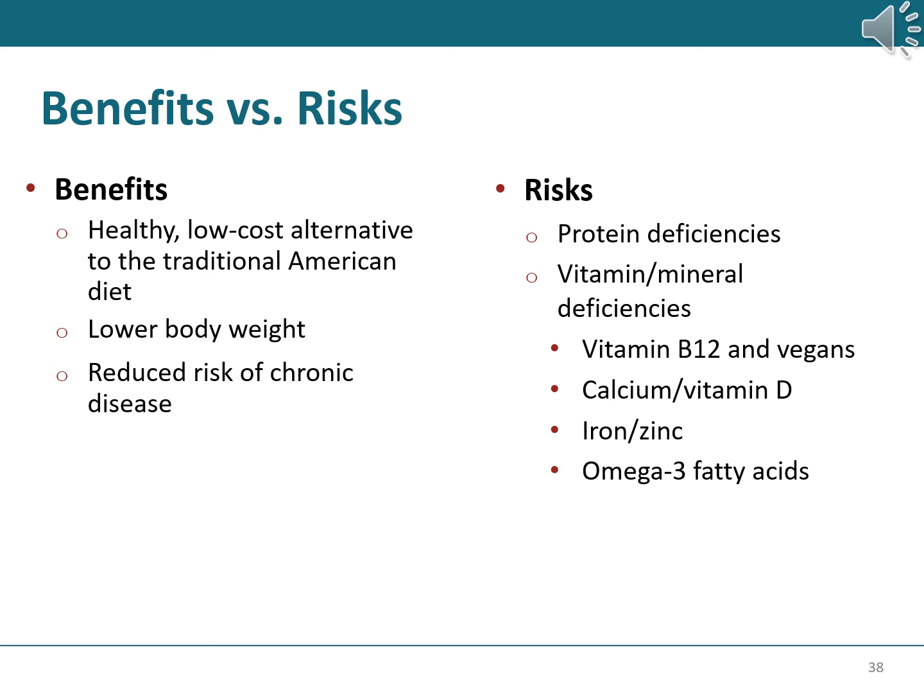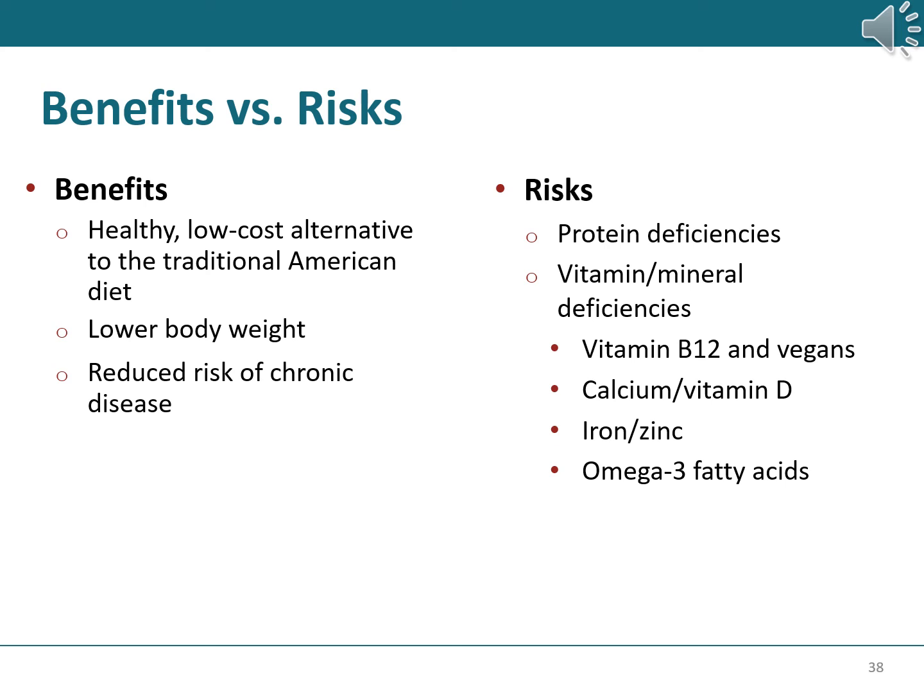There are also correlations with the vegetarian diet and lower body weight and also reduced risk of chronic disease. And again, just like that first bullet point, these benefits only occur if the diet is done correctly.